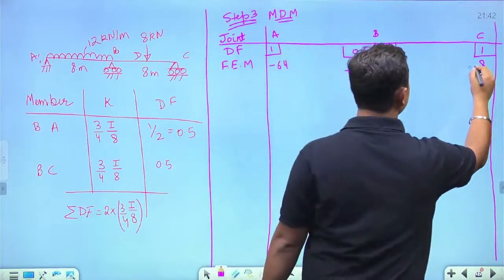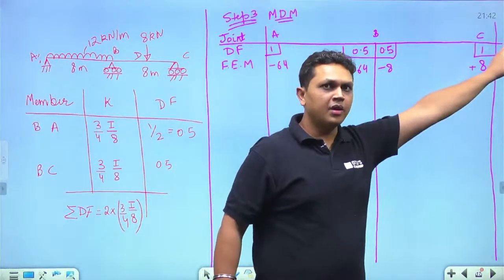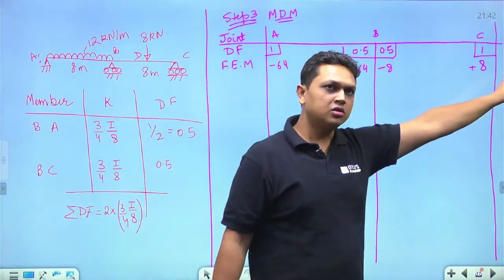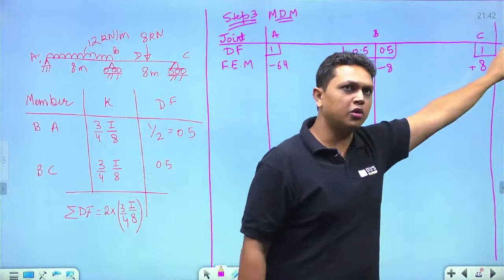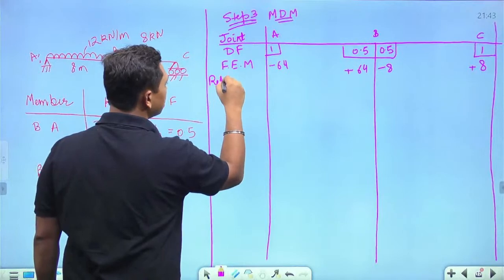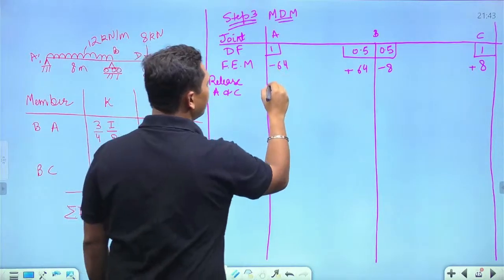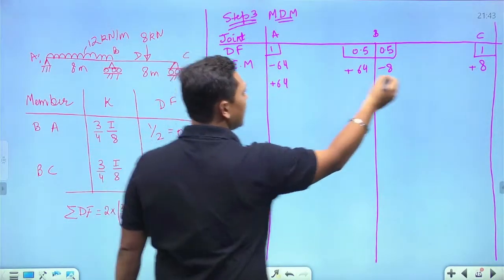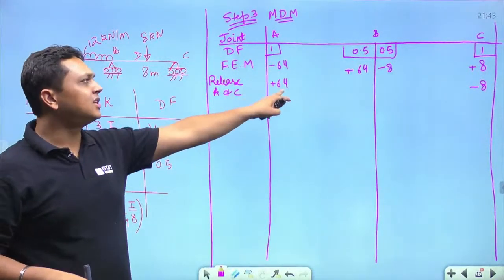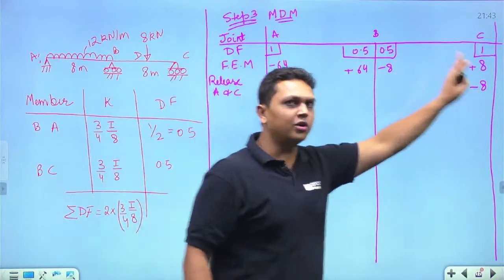Right? Now, first of all, since we know A and C are pin supports, there is zero moment at these two supports. So since there is a zero moment at these two supports, we have to release these supports, A and C. So to make it 0, we will add plus 64 over here and minus 8 over here. So I have applied an external moment of plus 64 and minus 8 at these two locations to make the moment at these two locations equal to 0.